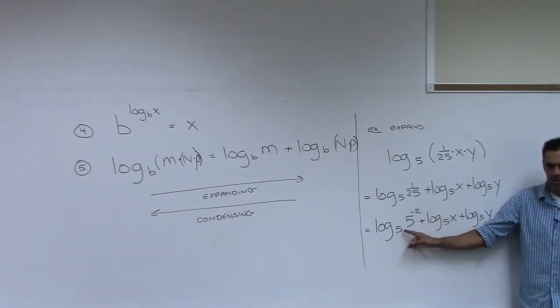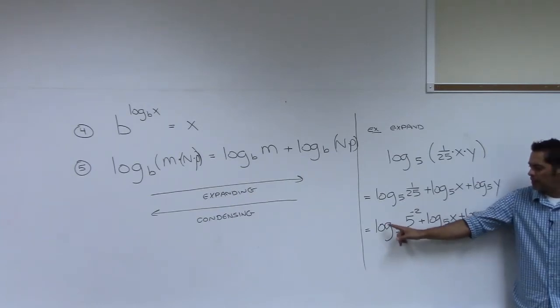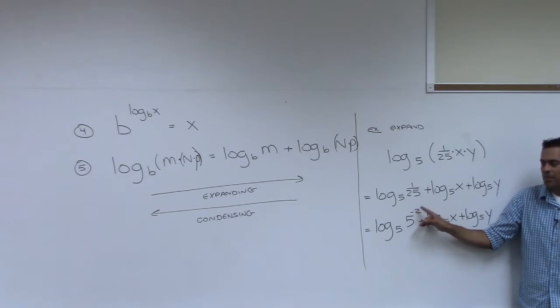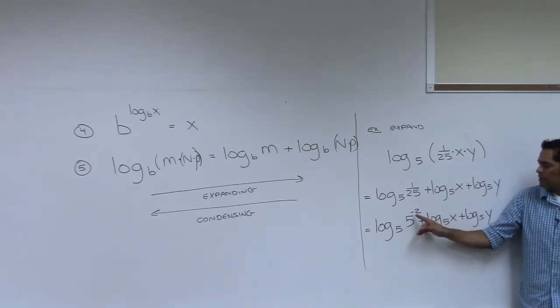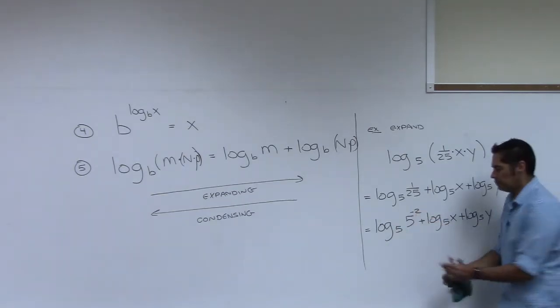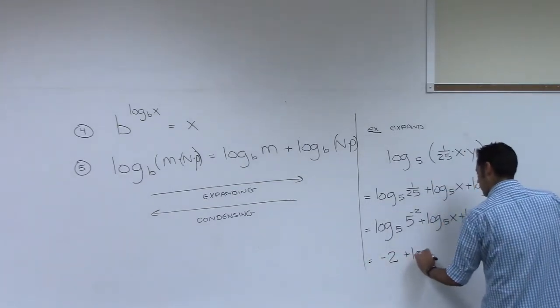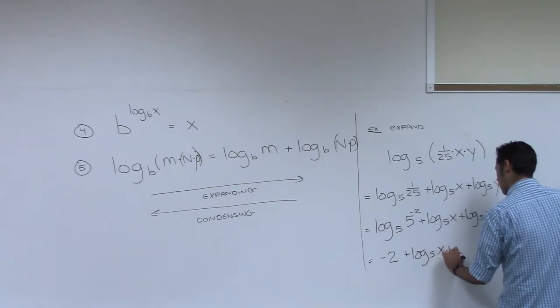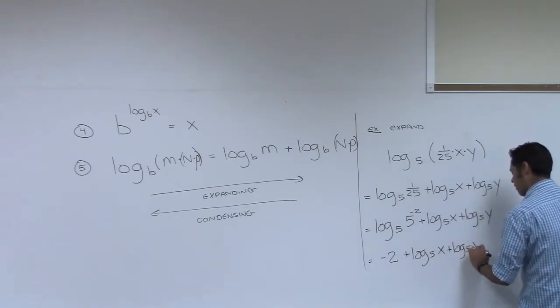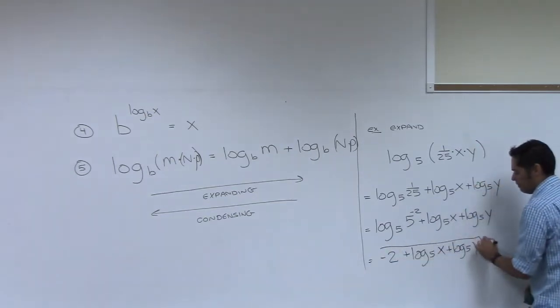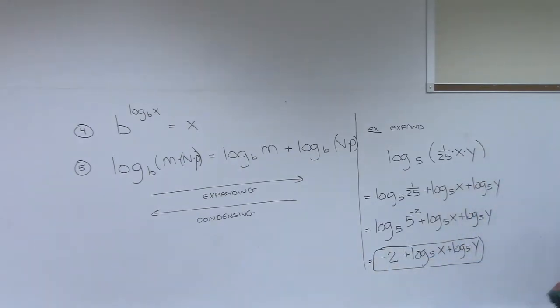It was the third property, wasn't it? It says if you have log base b of b to the x, the answer is x. So this should just spit out -2. That would be your answer. That's the expanded form of that expression.